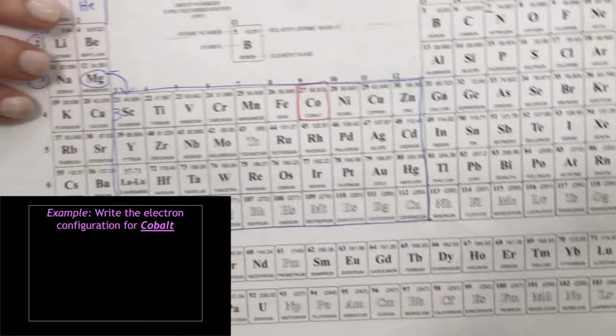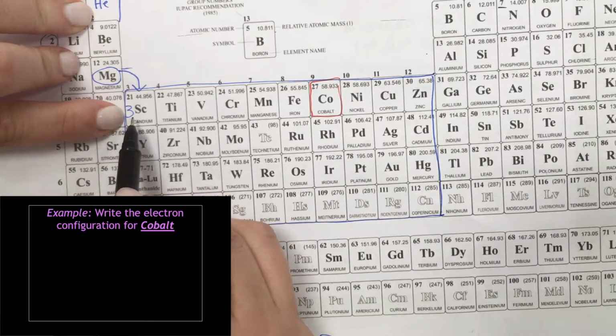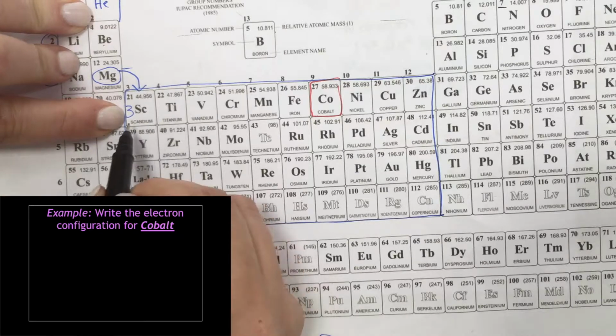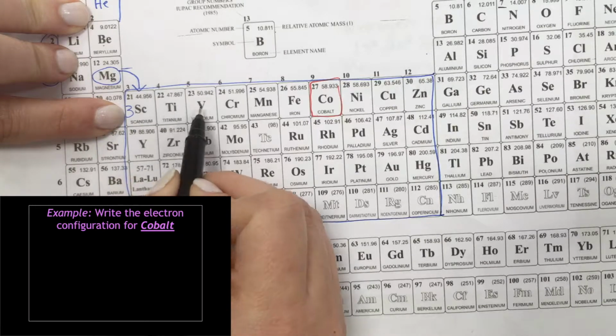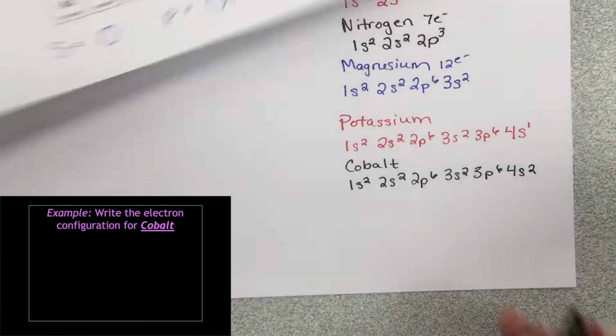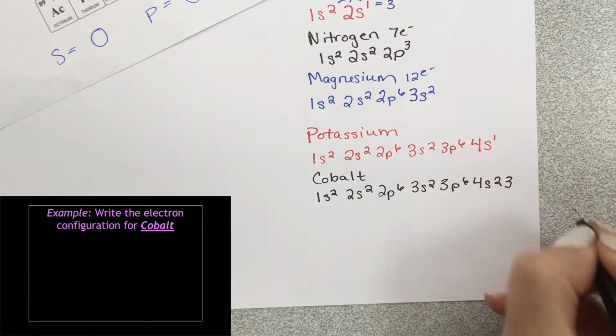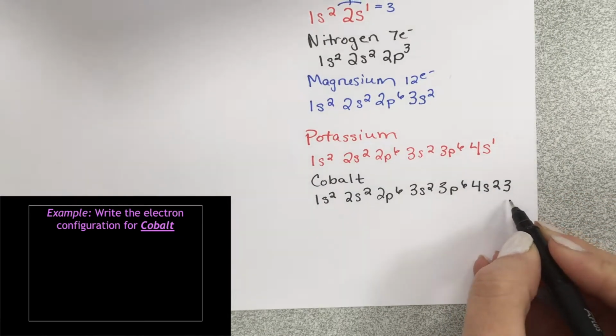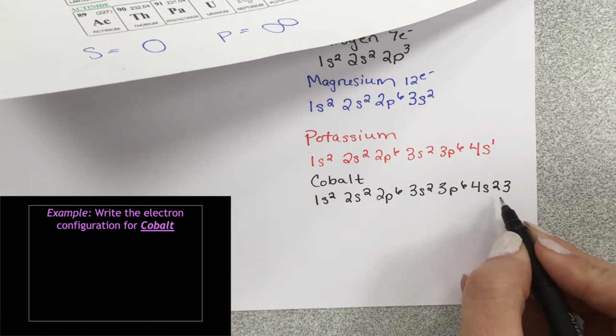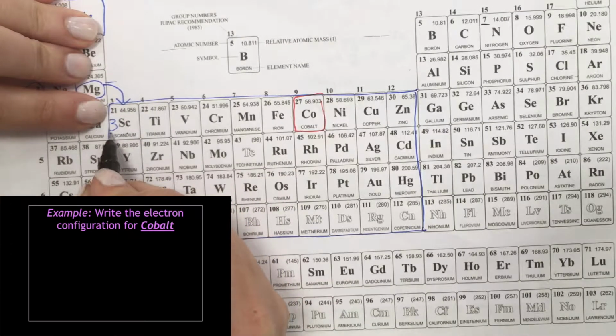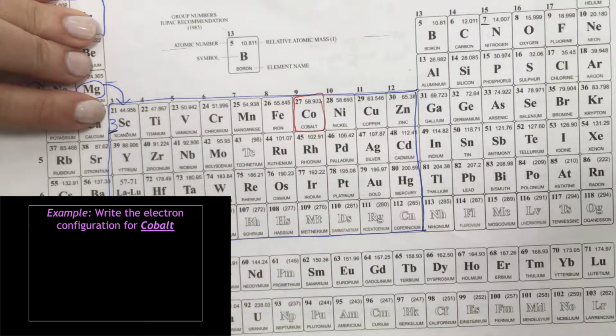And then the last one starts with 3. So 3d. This is that slide that said it goes out of order. This is what we're talking about. It goes back down to 3 because the d orbital starts with 3. You may want to make a note on your periodic table.